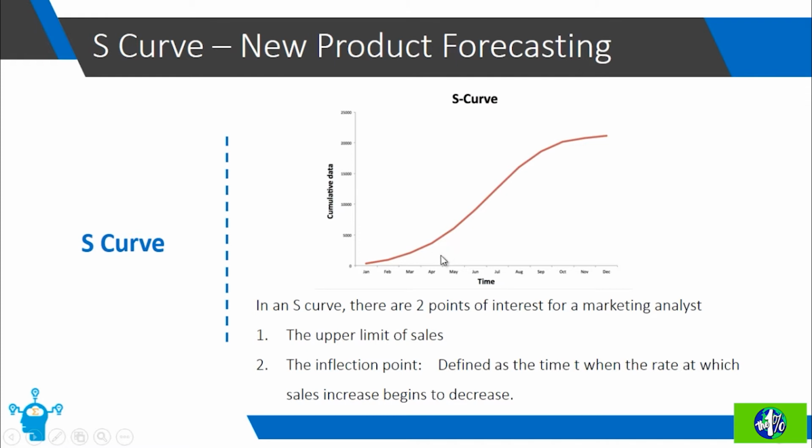So eventually, the sales of phones are going to saturate at a certain point. This is what this S curve is capturing, and from this curve we are going to find out these two important points: the upper limit of sales and the point at which the rate of growth is going to change from increasing to decreasing.